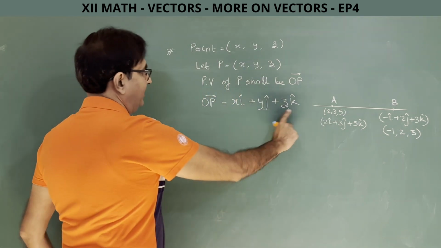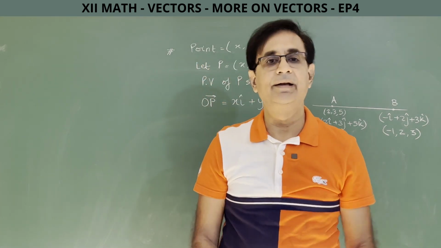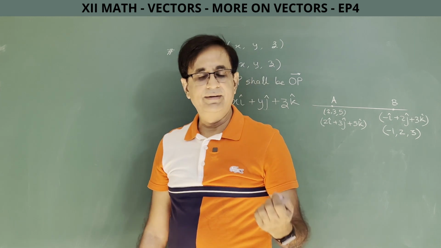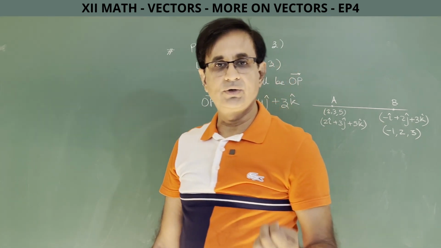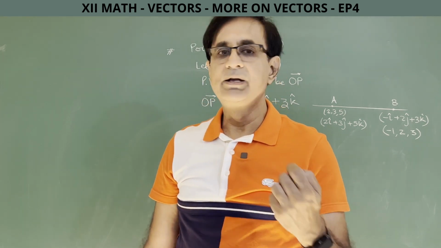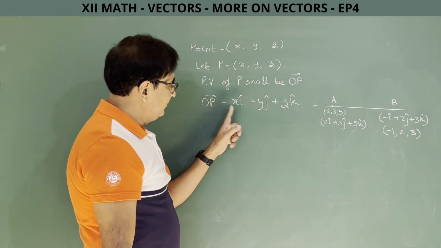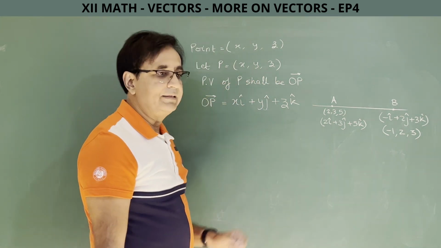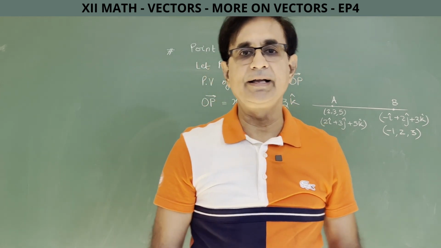Now every vector has magnitude and direction, the opening line of episode 1. Vectors are physical quantities which require a magnitude, which is a positive number, and a direction to describe them completely, whereas scalars don't require a direction. So this is a vector expressed in terms of ijk. Why only this? Every vector will be expressed in terms of ijk.